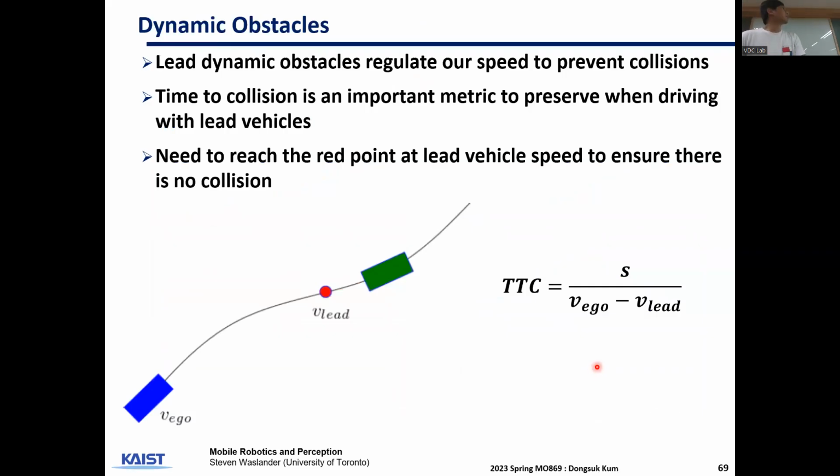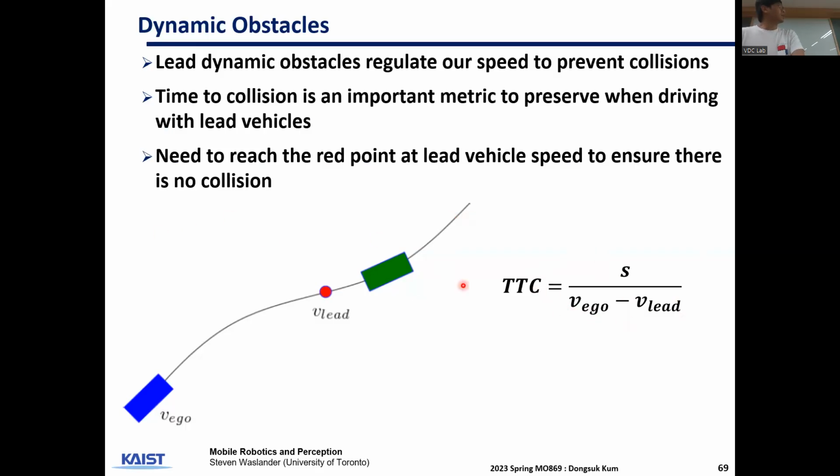Then the third part that you need to consider is dynamic obstacles. Usually in driving scenarios, the lead vehicle or the lead dynamic objects will dictate our speed so that we don't have any collisions with them. One important metric for this is the time to collision, or TTC, which is based on the velocity of the lead vehicle and the ego vehicle.